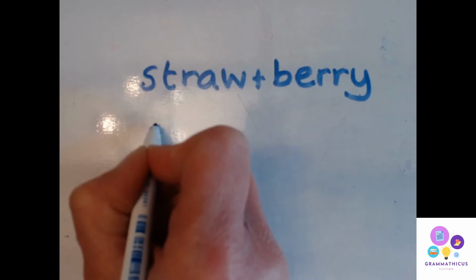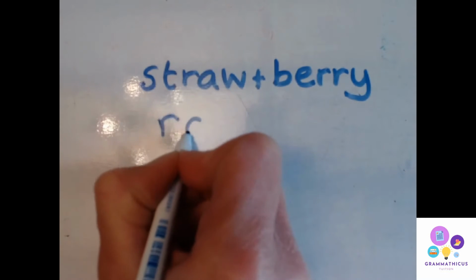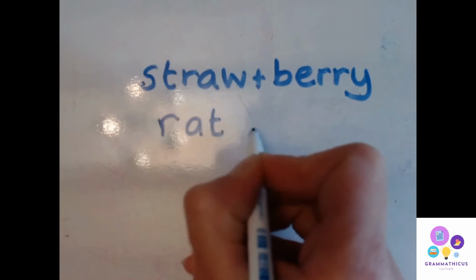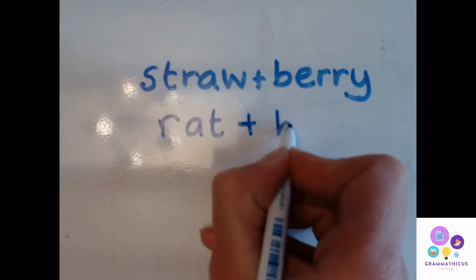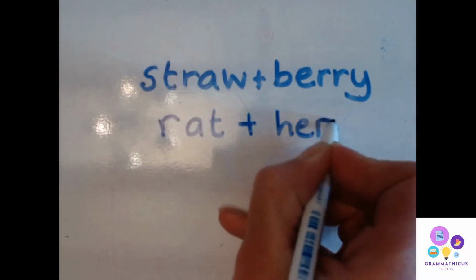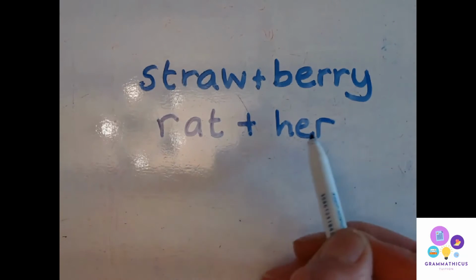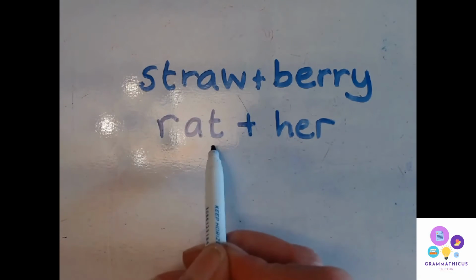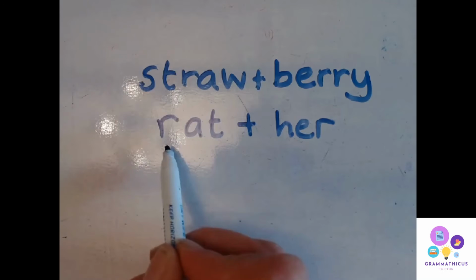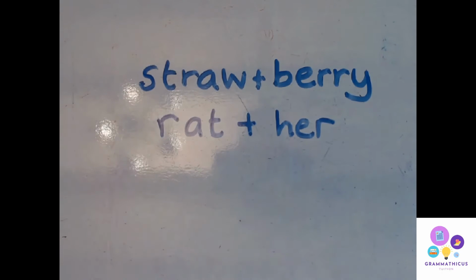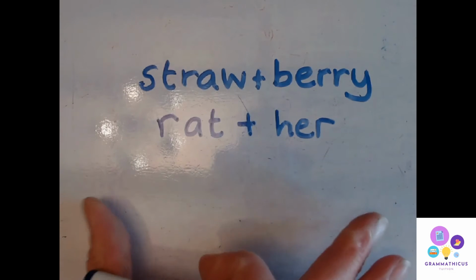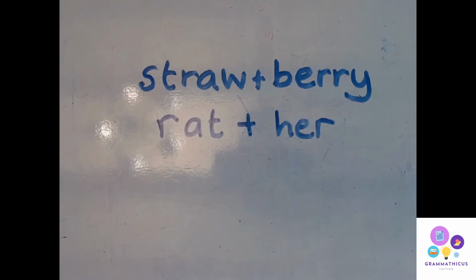Well, one way they do this is to have words that separately sound completely different to how they sound when we put them together. If we look at these two words individually, we've got the words rat and her. Now rat, her doesn't sound like a word, but if we combine them in a different way, we can hear the word better.